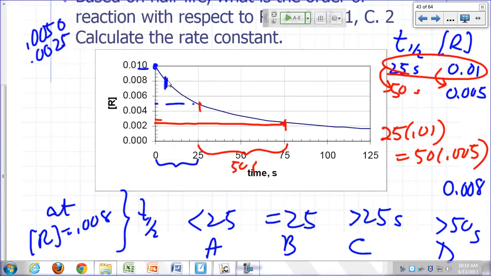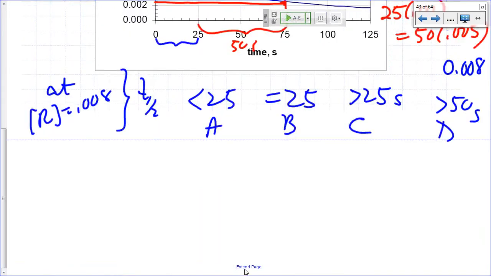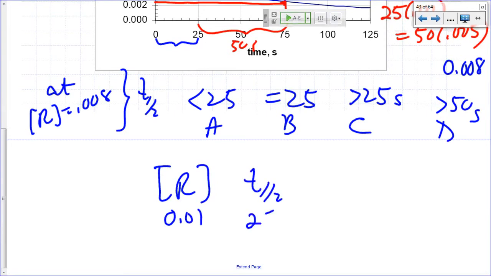Okay, let me elaborate on that a little bit. We've already established this is second order, right? The half-life gets longer the smaller your starting concentration. So when I said my starting concentration was 0.01, what was my half-life? 25 seconds.